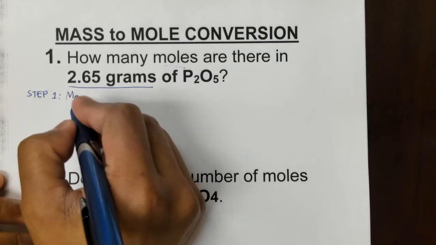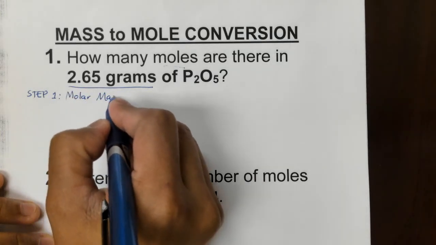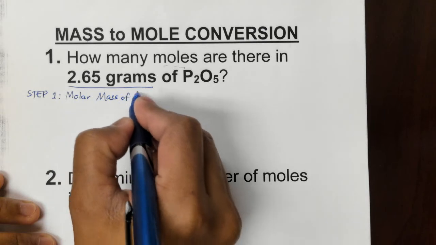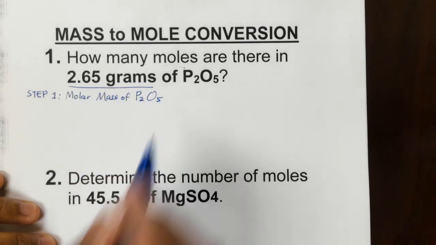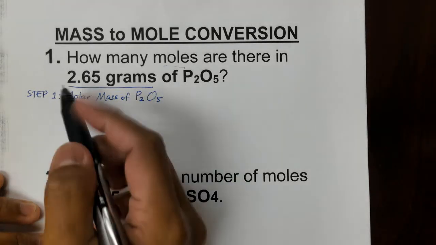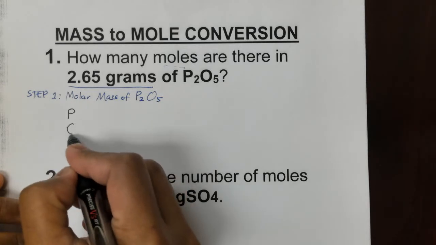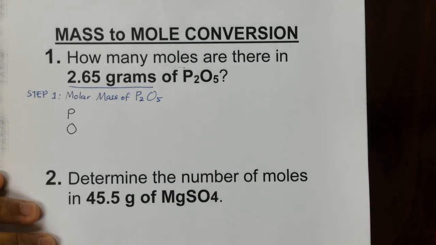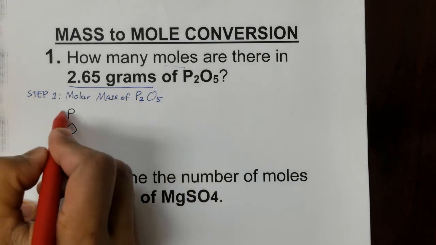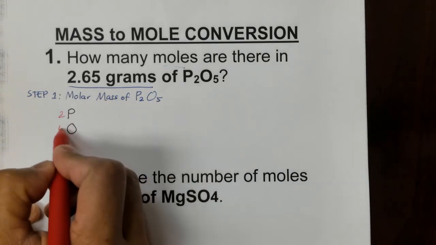Step 1, we calculate for the molar mass of our substance, which is P2O5. And we know that P2O5 contains P and O, and from the subscripts themselves, we can tell that there are 2 P and 5 oxygen.